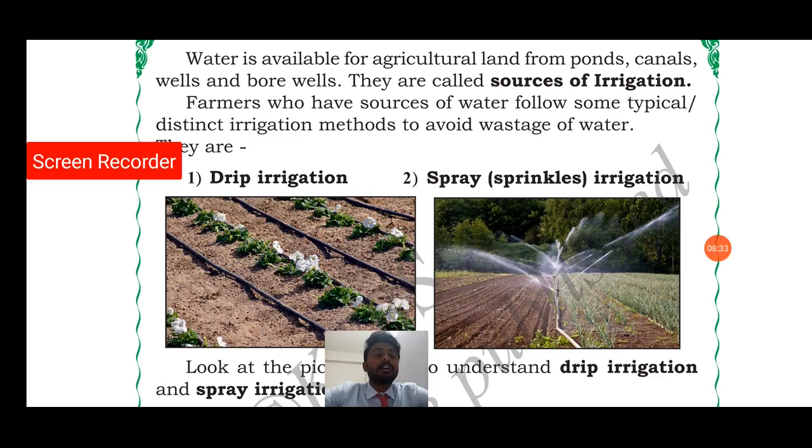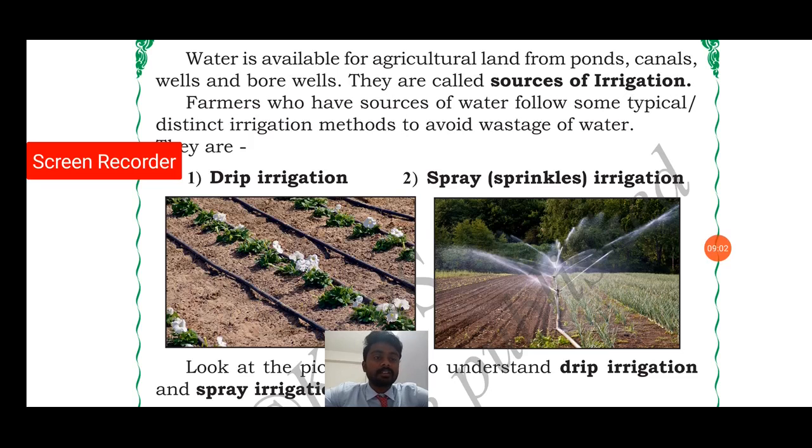They are called sources of irrigation. They are called what? Sources of irrigation.